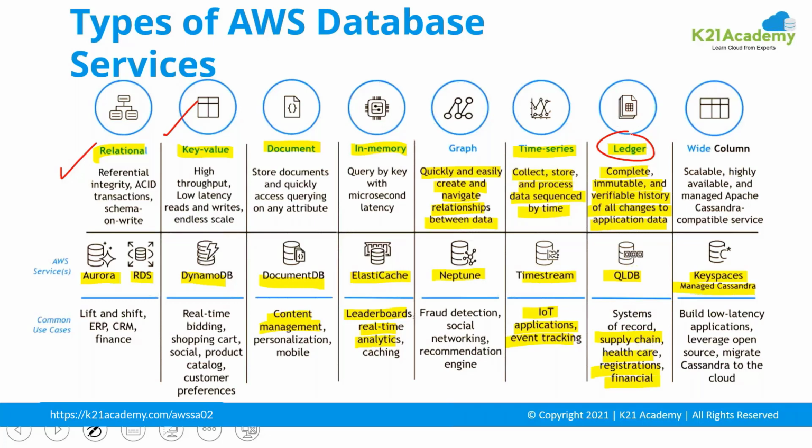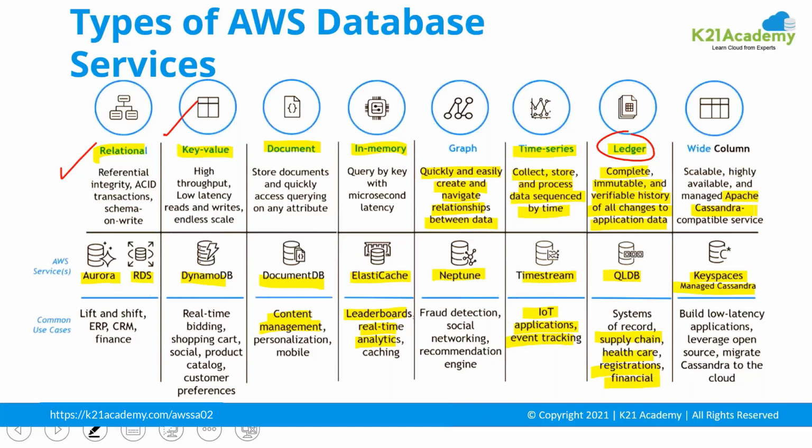And the last one is the wide column databases, which are scalable and highly available. Obviously all the managed services Amazon offers come with these qualities. If you want an Apache Cassandra kind of database, Amazon Keyspaces is the database you need to use. So these are the different database services available.